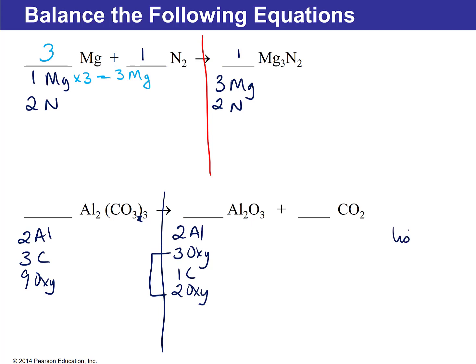If you have the same element more than once on one side, you are going to have to add them together when you count the total number.